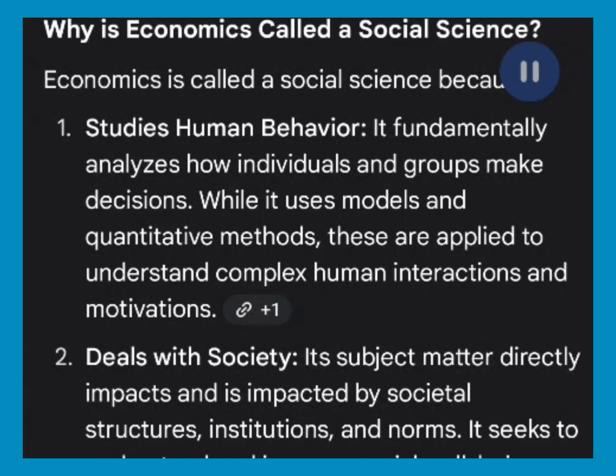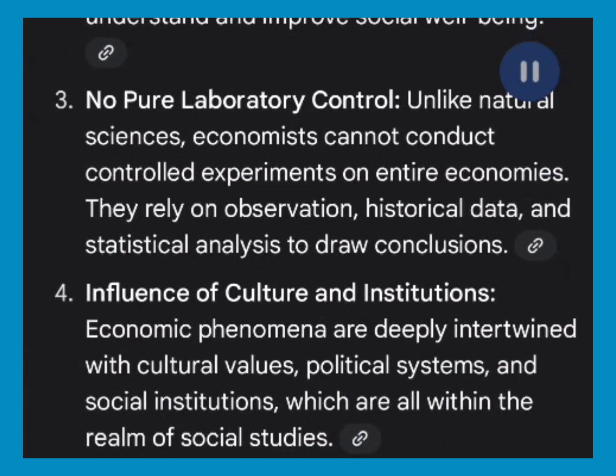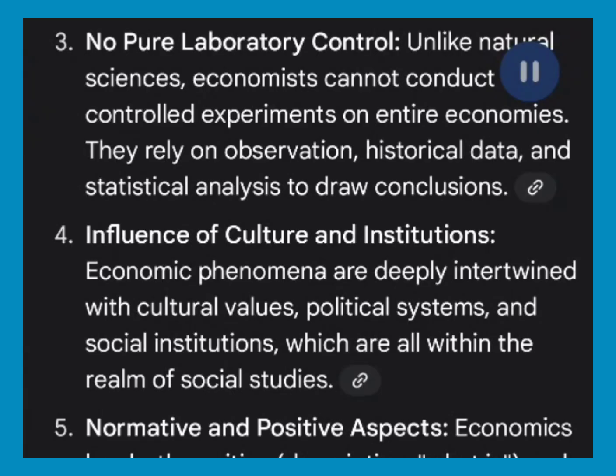3. No pure laboratory control. Unlike natural sciences, economists cannot conduct controlled experiments on entire economies. They rely on observation, historical data, and statistical analysis to draw conclusions. 4. Influence of culture and institutions.